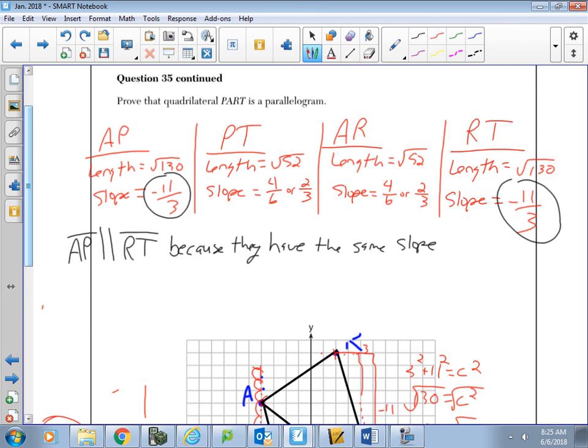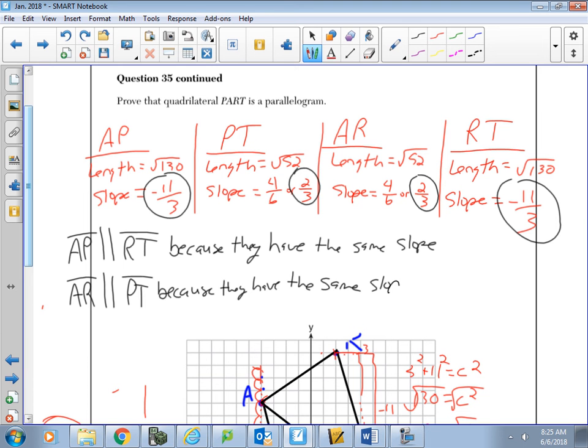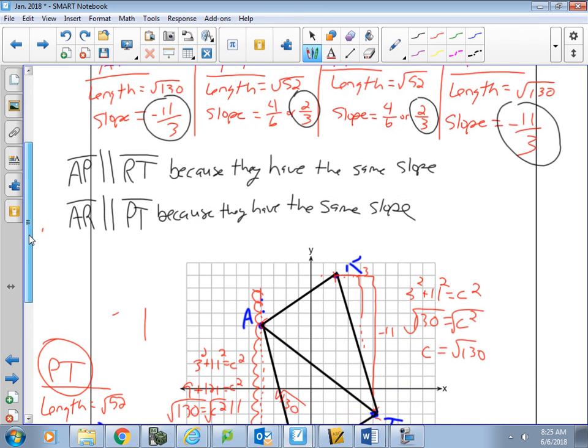And we could say that AR is parallel to PT. AR is parallel to PT because they have the same slope. And since you have 2 pairs of opposite sides that are parallel, that's enough to prove it's a parallelogram.